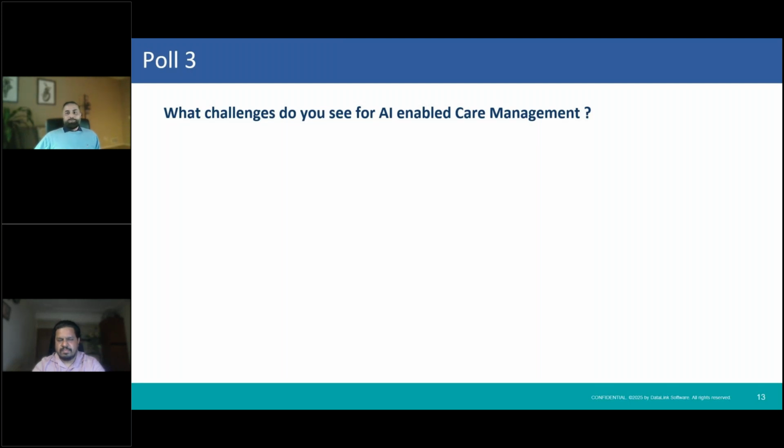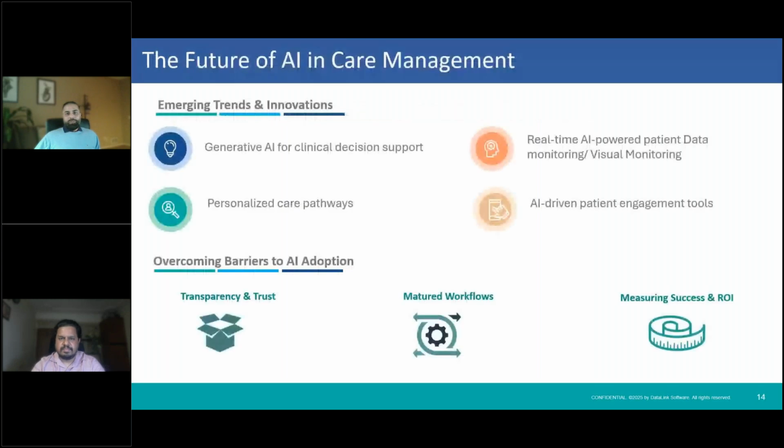So, just moving ahead, and just to talk about what is that future that we look forward for specifically into care management. AI's role in healthcare is evolving rapidly, and that's what we all see. We have a lot of use cases, a lot of examples that we are going to continue to see how they are getting evolved. And it's not just analyzing data today, it is actively supporting clinical decision making.